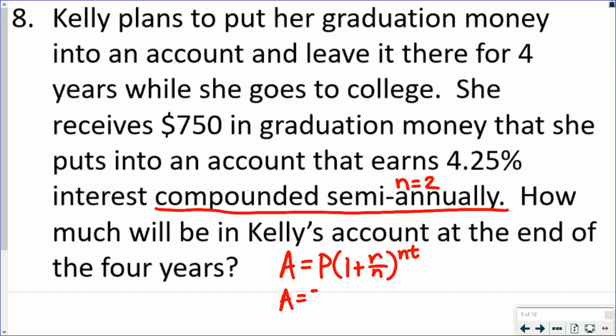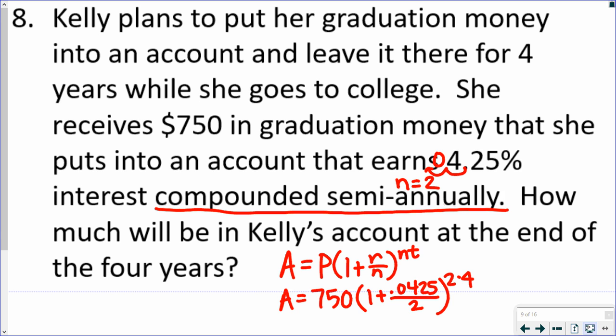Okay, so she deposited $750. So that's your P. 1 plus, move this over twice, 1, 2. So that's going to be 0.0425 divided by your n, which is 2 in this case, and then raised to the n times t. So then that'd be 2 times 4 years.